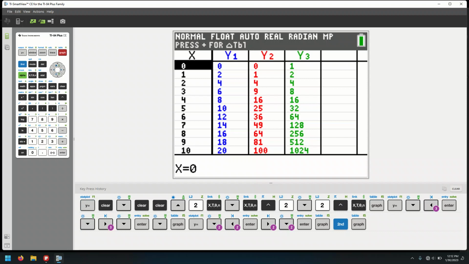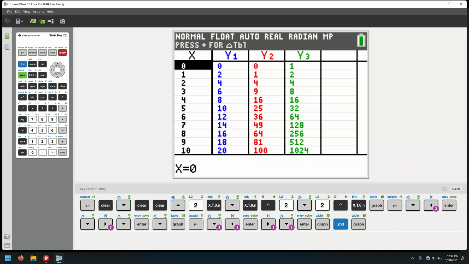Electrical engineering majors will also deal a lot with exponential functions to describe charges and voltages and a lot of pretty cool stuff. Of course, we're not going to get that far in this course. I'm just giving you a brief overview of this huge field of exponential functions.